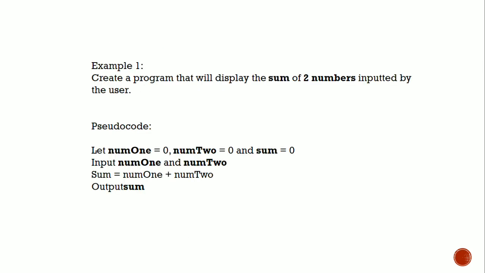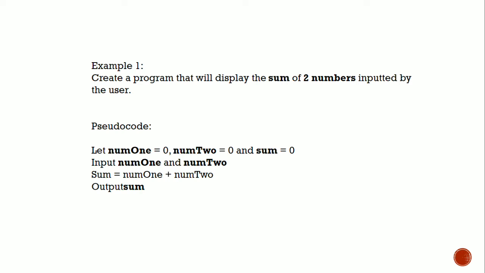Now let's have an example. So let's use the same example nga gipakita ganina. Create a program that will display the sum of two numbers inputted by the user. So unsa man ang pagbuhat sa pseudocode ani? So let num1 equals 0, num2 equals 0, and sum equals 0.